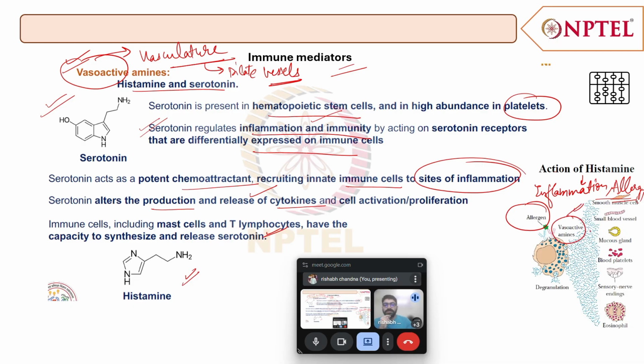This histamine acts on smooth muscle cells, small blood vessels, mucous glands, blood platelets, sensory nerve endings, and eosinophils, so that they can dilate. This is the major role of histamine in inflammation and allergic response.